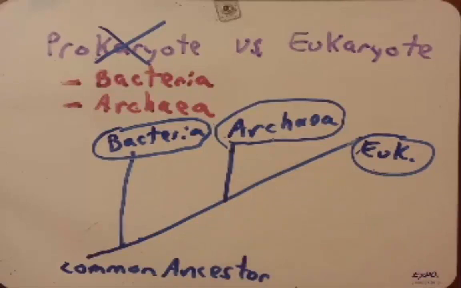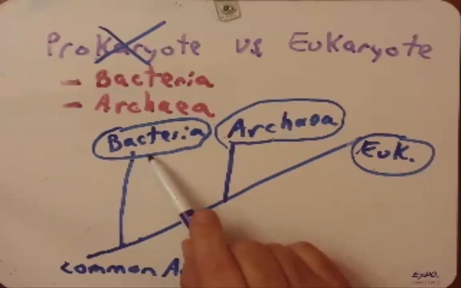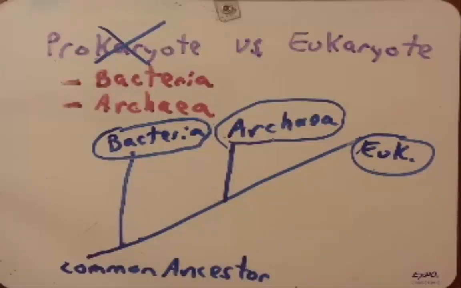And archaea deserves to be its own separate group, as well as eukaryotes. And when I say groups, what I really mean to say are domains. So we have the domain of bacteria, the domain of archaea, and the domain of eukaryotes. And they really are separate groups. I know I'm kind of belaboring this point, but as you move forward, it's best to refer to them in this way and to not refer to the term prokaryote.